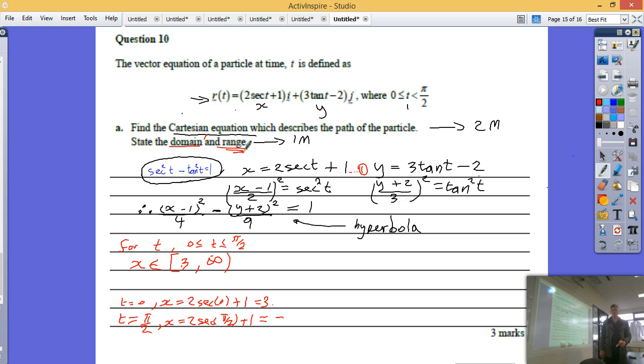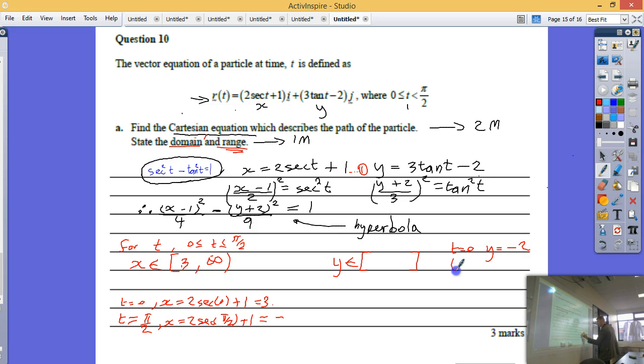So the range is looking at the range of the y function, being the y values of our Cartesian equation. So for t going from 0 to pi on 2, I can go ahead and use the same process to determine what my y coordinates should be. And being a tan, let's see if I can do this mentally. So if I have tan of 0 when t is 0, then my y value will be tan of 0 is 0, 3 times 0 is 0, minus 2.